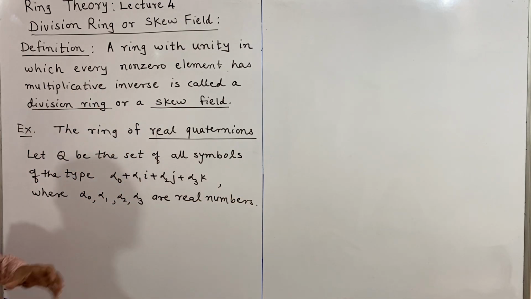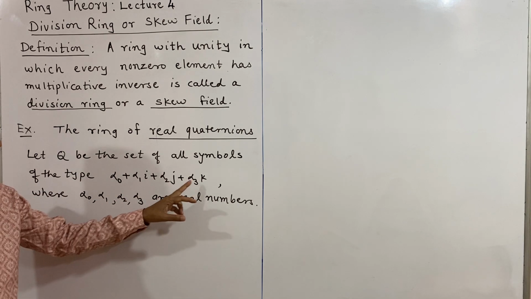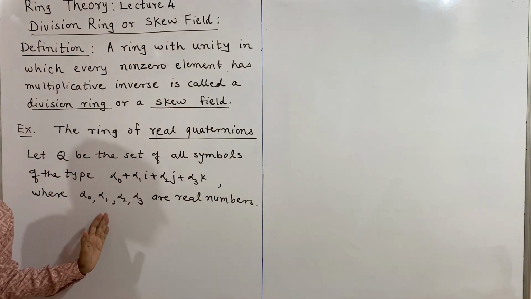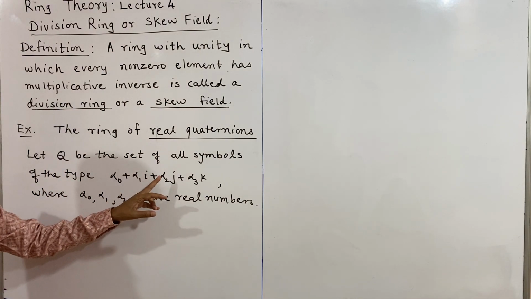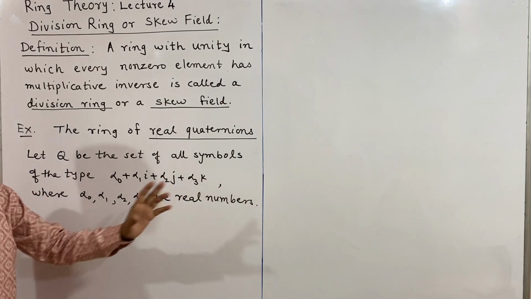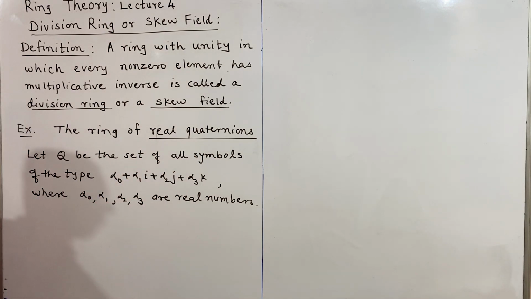This is the set of all symbols of this kind. And what about i, j, k? These are imaginary quantities where i square is equal to j square is equal to k square is equal to minus 1.